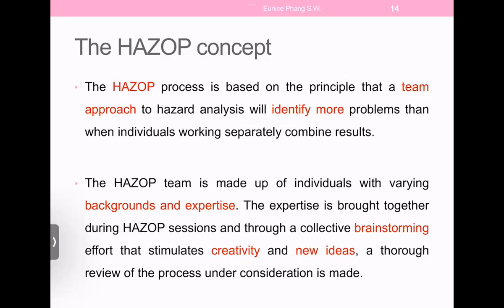It should be open to different individuals. For example, if you work in industry, in the production line, as a production or process engineer, you would want your production supervisor, or even one or two operators who run that process itself, to be part of the HAZOP team.